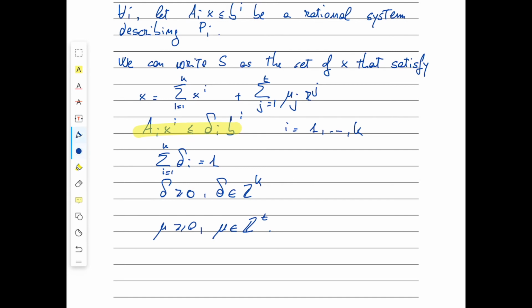Here, even though we haven't written explicitly the box constraints, everything still works in the same way, because since every Pi is a polytope, when you set delta i equal to 0, you obtain exactly Ai xi less than or equal to 0, which we know is the description of its recession cone, and since Pi is a polytope, the recession cone contains only the origin, so xi equal to 0. So let me write it here so that you remember it.